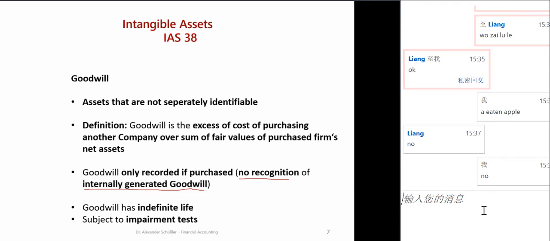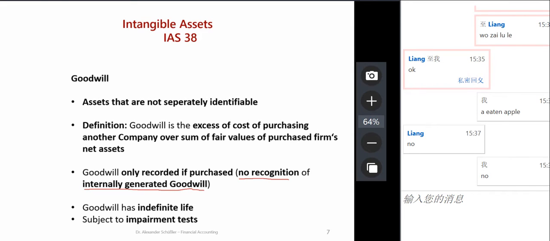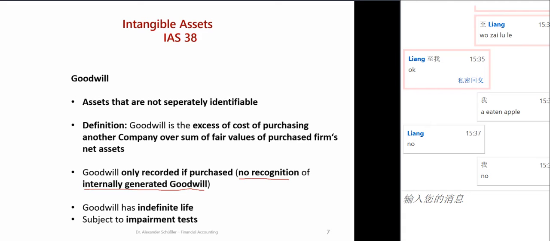It's not allowed to record because Apple has generated the goodwill by itself. But when another company, let's say Huawei, buys Apple, then Huawei is allowed to record the goodwill of Apple on its balance sheet.